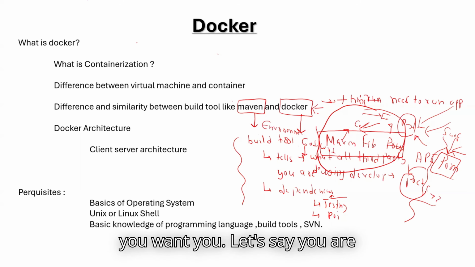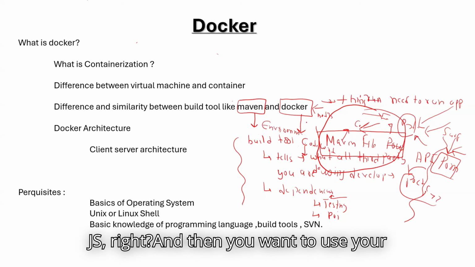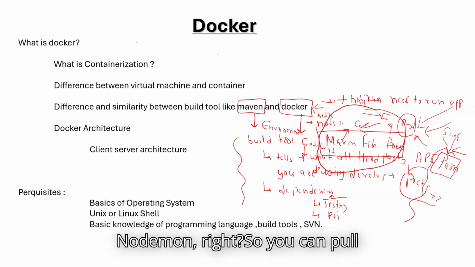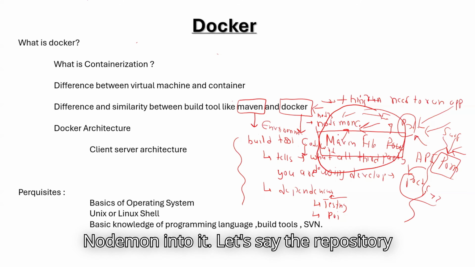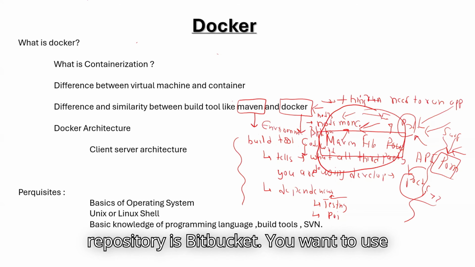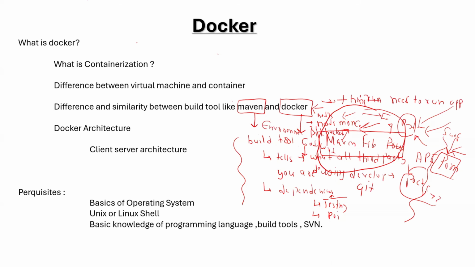Let's say you are developing on Node.js. You need Node.js, right? And then you want to use a package manager, NodeMon, so you can pull NodeMon into it. Let's say the repository where your code is presented is Bitbucket, or you are using GitHub, right?